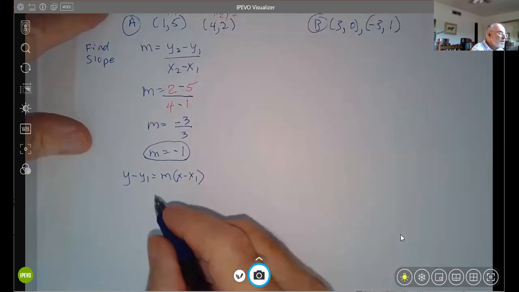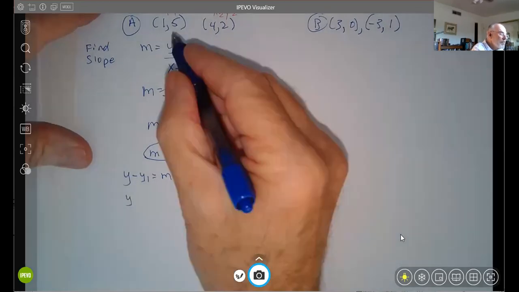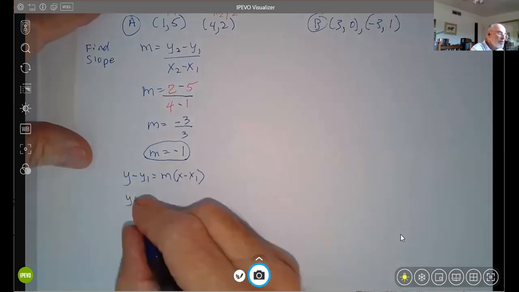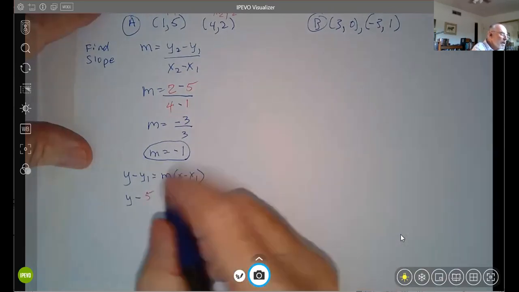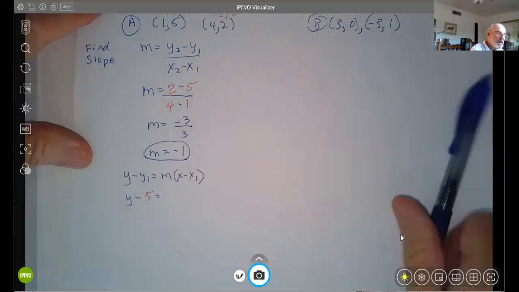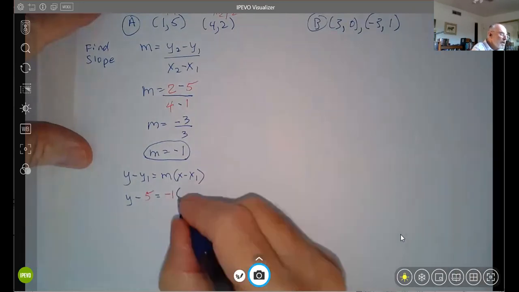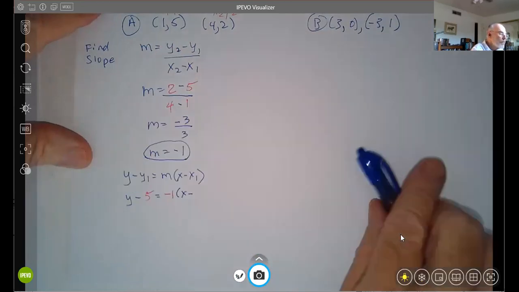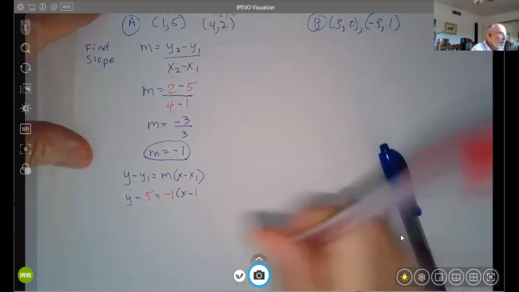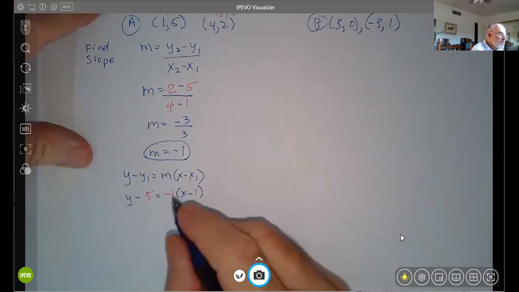And in this case, the y1 is 5. So y minus 5 equals the slope, which we just found out is -1, times x minus, and then x1 here is 1. So let's distribute first.